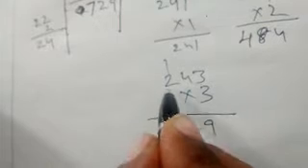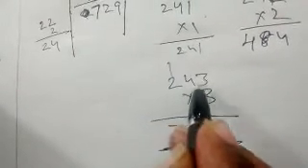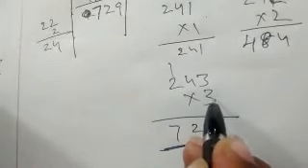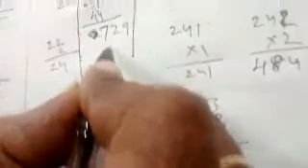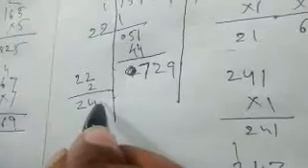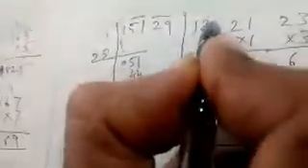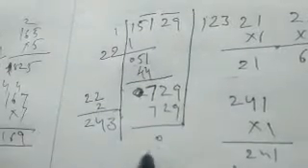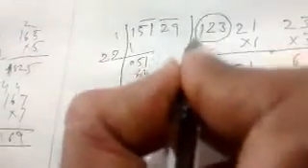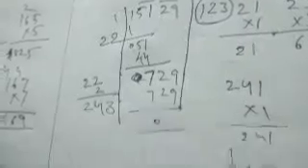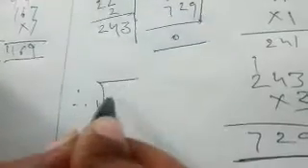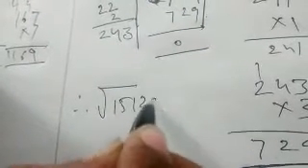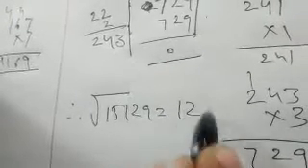Okay, 3 2 is 6 plus 1, 7, 729. See, the 243 table 3 times is going to match this. So now 243 into 3 is going to be 729. So it becomes 0. So what is the square root of 15129? Therefore the square root of 15129 equals 123, right?